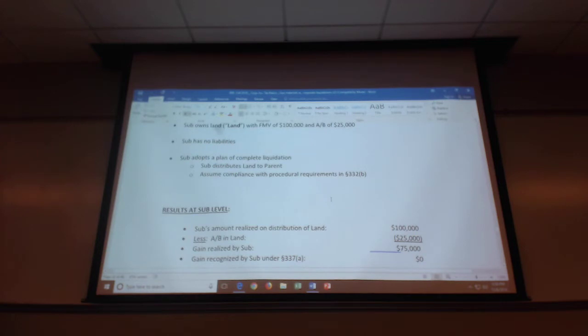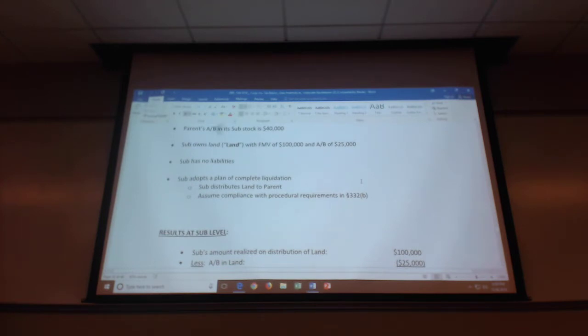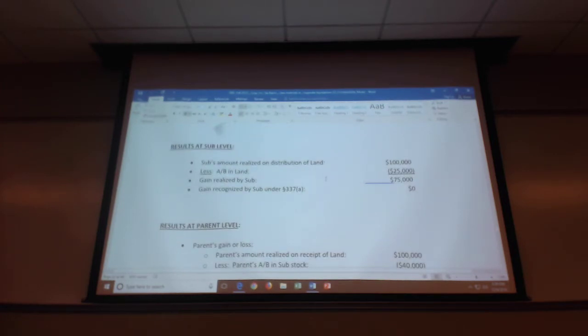And assume we comply with all of those procedural requirements for a 332 liquidation. By the way, 332 liquidation is the shorthand that we normally use when we talk about liquidating an 80% or more subsidiary. So here the subsidiary is doing what? It's distributing land with a value in excess of basis.